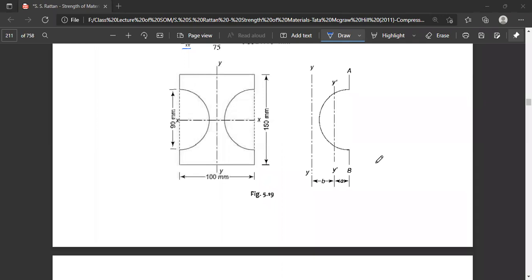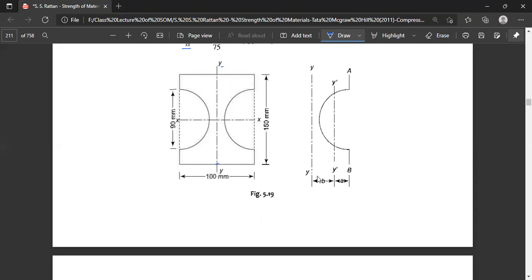Now, the section modulus about the y plane. All the dimensions are shown here. The next important thing is the distance. The y plane is here, and we are supposed to find the distance of the center of the cavity of this semicircular plane from the y axis. If we draw a line through this CG, this line is y dash y dash.